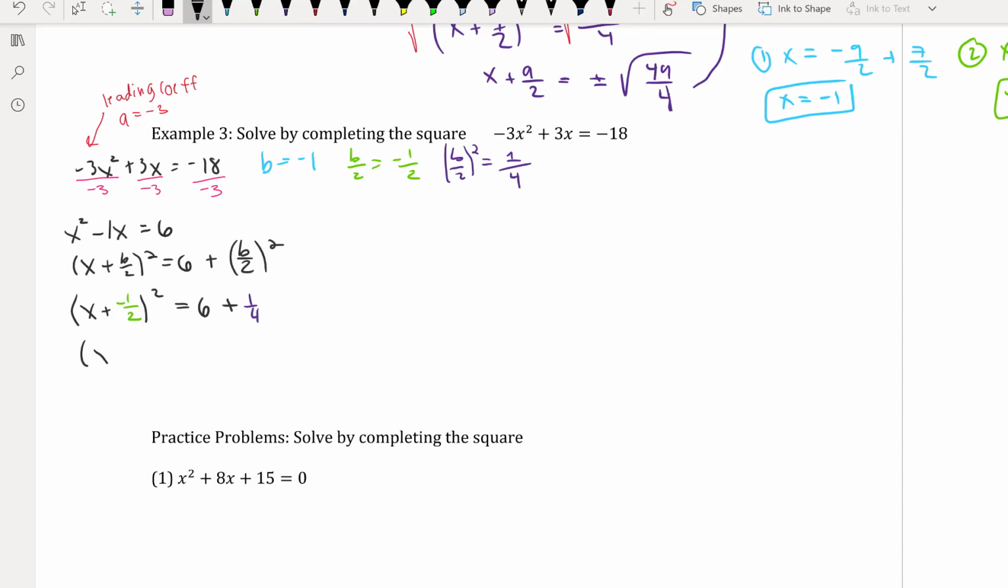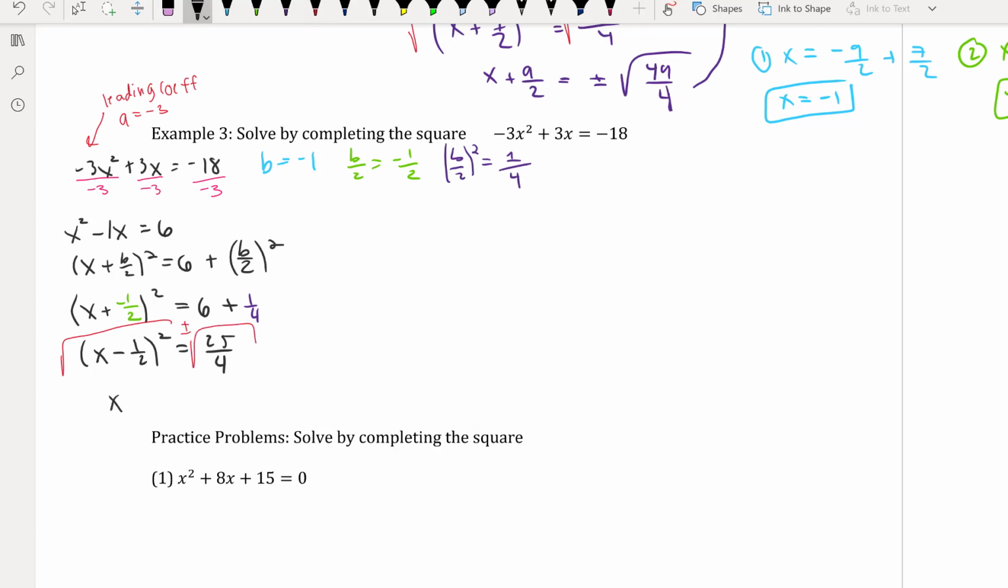So I'm going to get x minus 1/2 squared equals 6 plus 1/4, which is 25/4. So to get rid of that square, I can square root both sides.